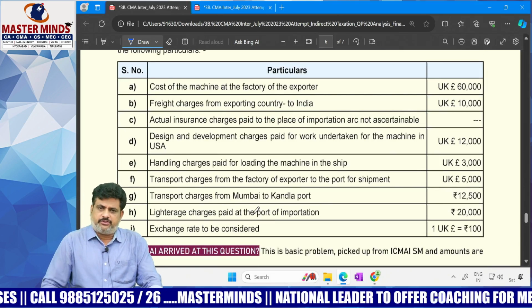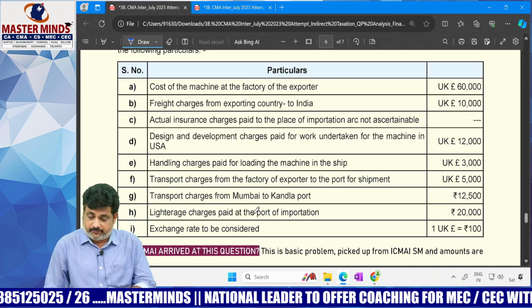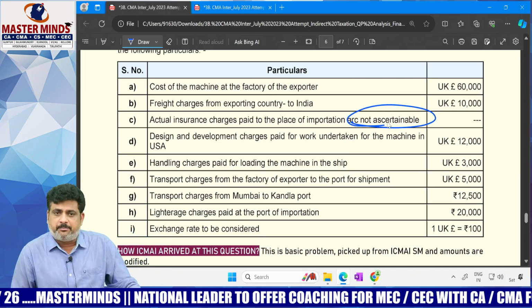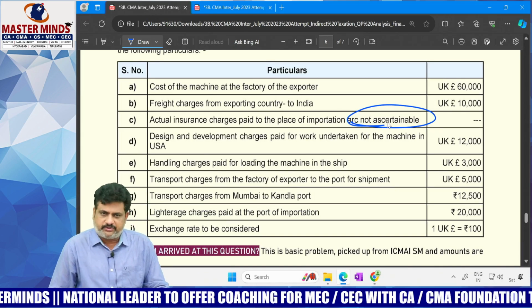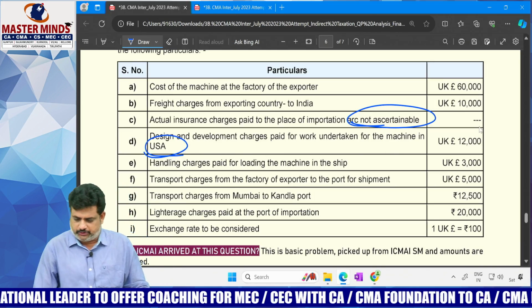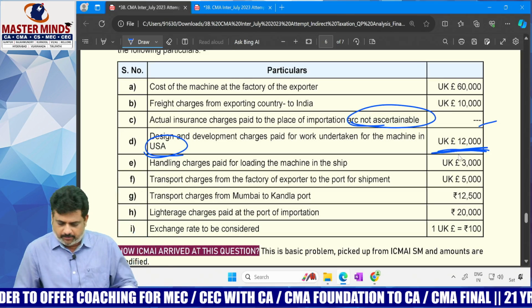So this is cost of the machine, freight charges, actual insurance is not given. If actual insurance is not given in the problem, 1.125% of FOB will be the insurance charges. Designing charges undertaken in USA. What is the position? Definitely with respect to that, includable.